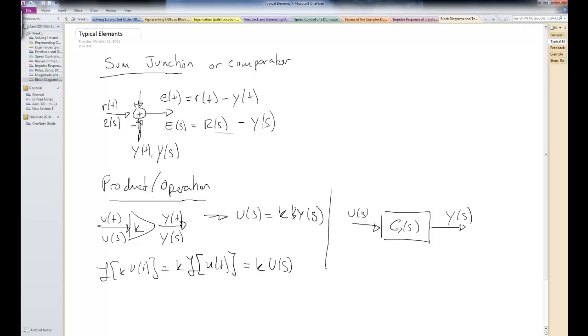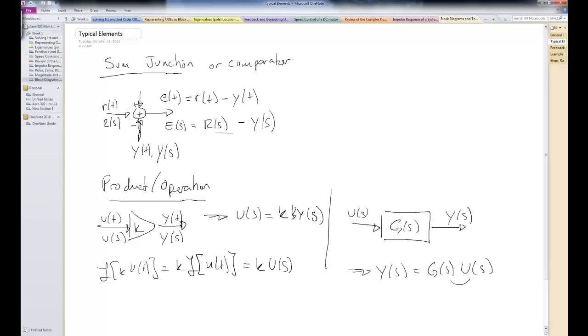All right, and again, this is the value of the Laplace domain, that a differential operator becomes a multiplication, right? So instead of taking derivatives, I take products of s once I'm in the Laplace domain. So this tells us that Y of s is just G of s times U of s.